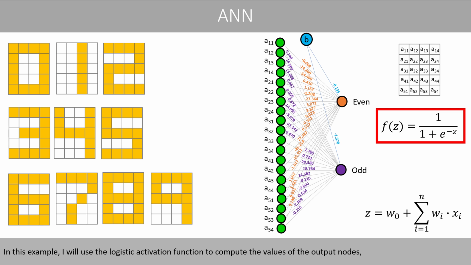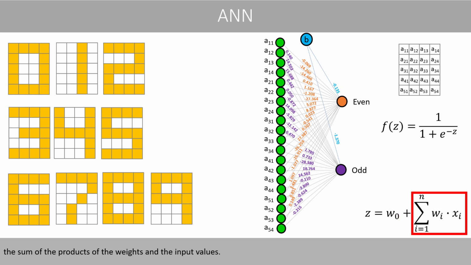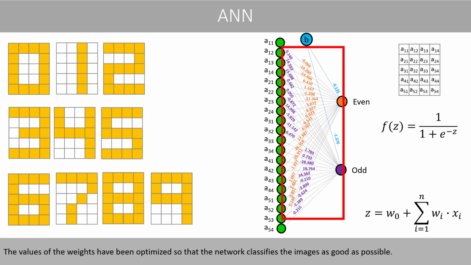In this example, I will use the logistic activation function to compute the values of the output nodes, where e is Euler's number and z represents the value of the bias weight, plus the sum of the products of the weights and the input nodes. The values of the weights have been optimized so that the network classifies the images as well as possible.